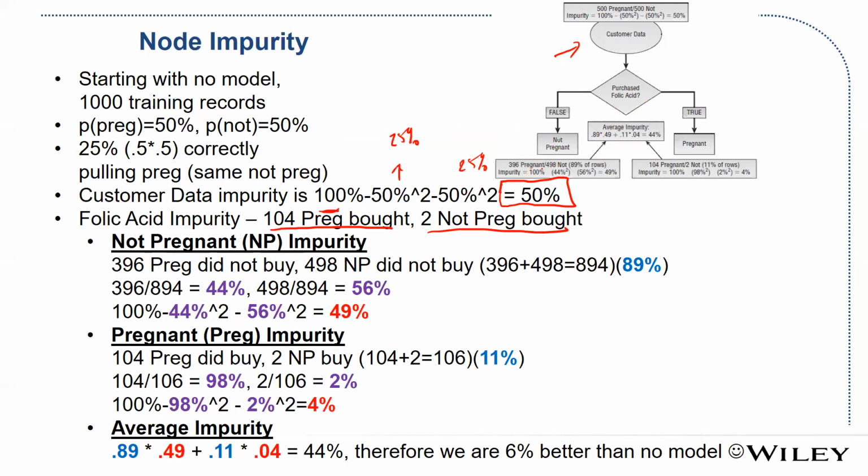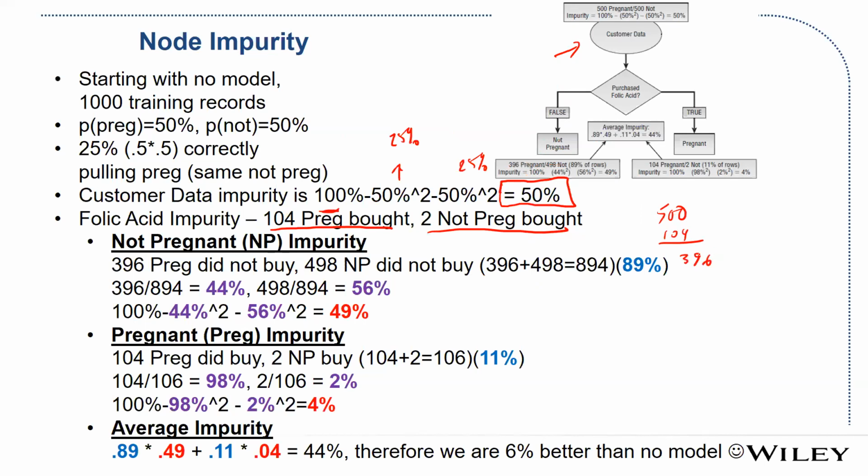And does anybody know where we get that 396 at? Over here, this not pregnant. So we start off with 500. And we said that how many persons that are pregnant bought folic acid? 104. So if we do 500 minus 104, we get down to 396.